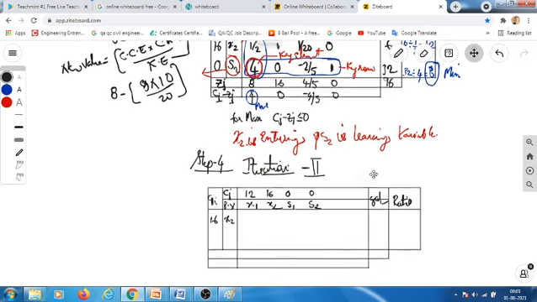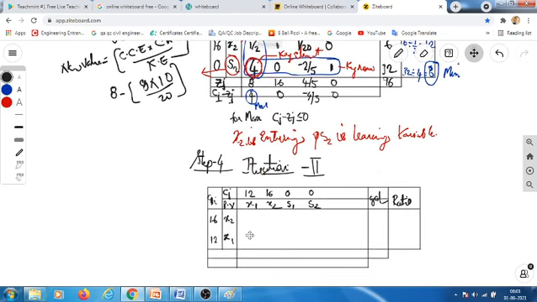So, 4 divided by 1 will be 1, 4 divided by 4 is 1. 0 divided by 4 will be 0.